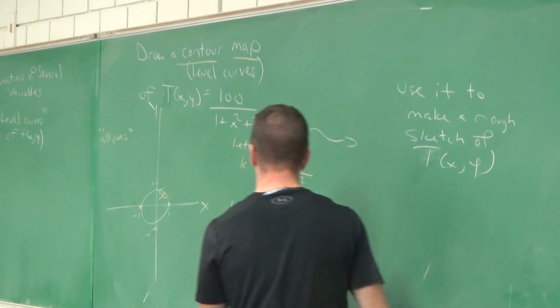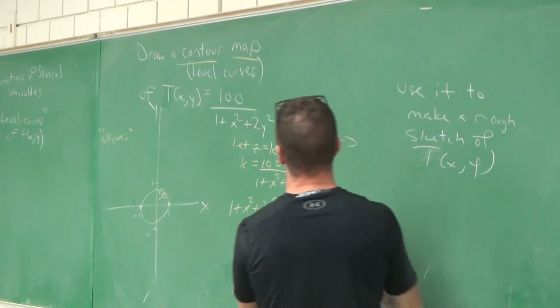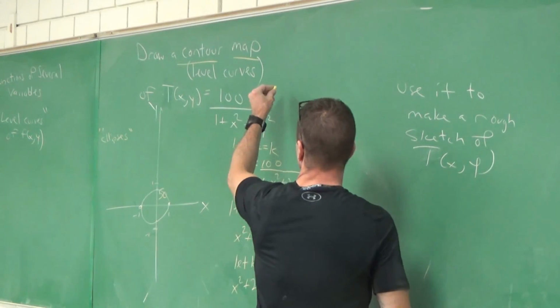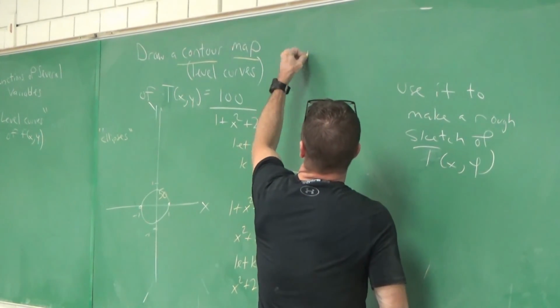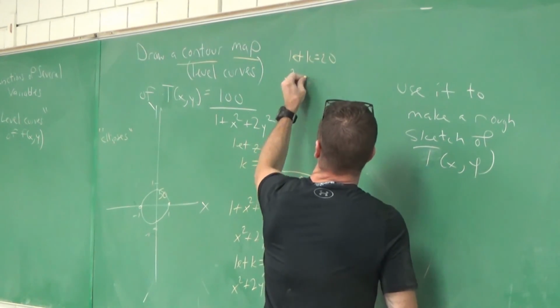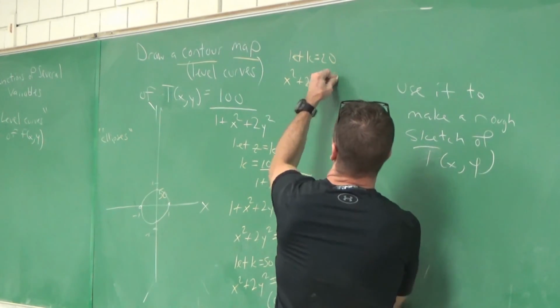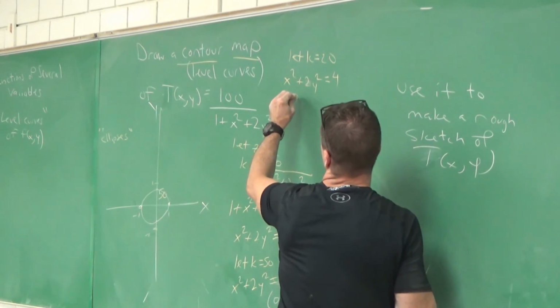Hey, we need another k value. 20. Let k equal 20. I get x squared plus 2y squared equals 4. Now let's sketch this. What's going on at x equals 0?